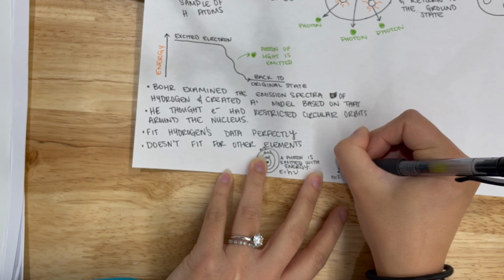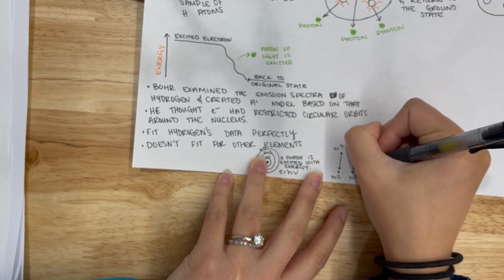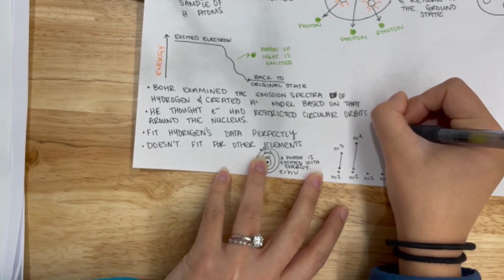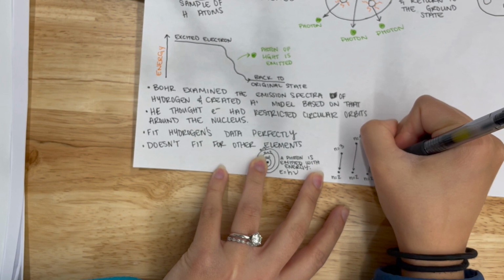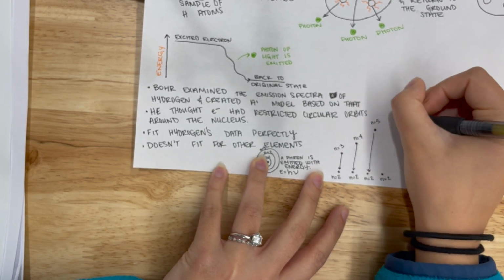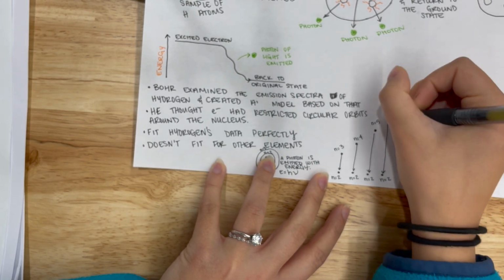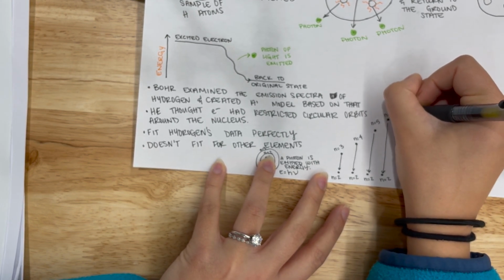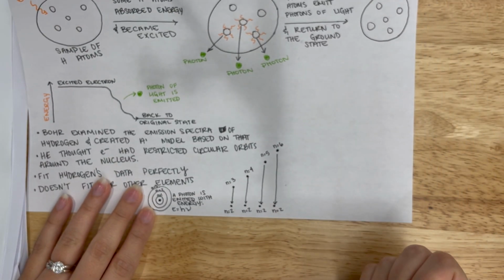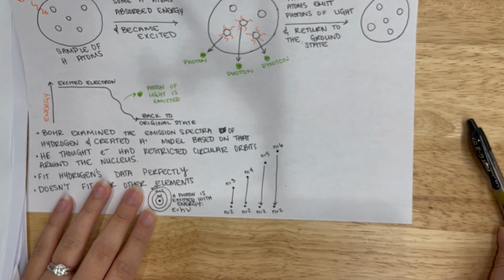And sometimes it'll drop from 3 to 2, sometimes 4 to 2, sometimes 5 to 2, and sometimes 6 to 2, right? Depending on how much energy we're able to absorb, this will depend on how much energy can be released.